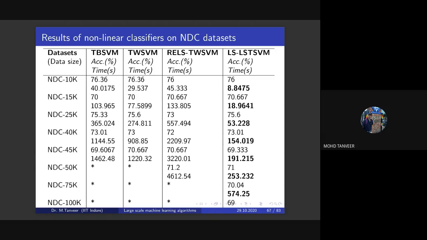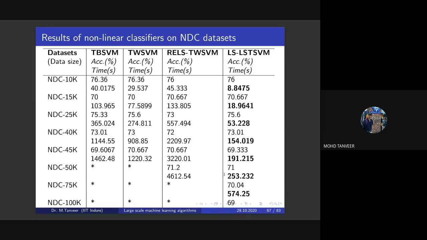But this large scale algorithm works fine. If you compare the time on NDC 50K data, the first two baseline models stopped working, and RELS-TSVM takes 4,612 seconds, but the large scale model takes just 253 seconds.